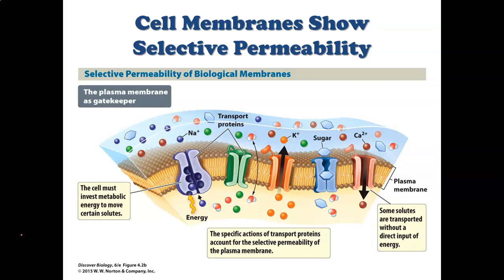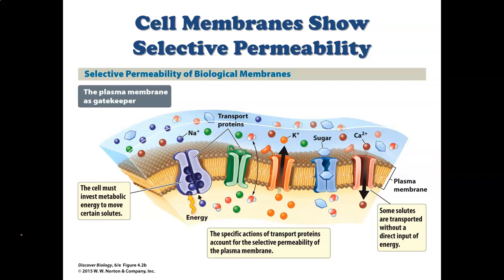Right? The reason why some things can go through and some things cannot is because the cell membrane exhibits something called selective permeability. Right? Now, the word permeable means that things can go through it. And so the membrane is selectively permeable because some things can go through and other things cannot.